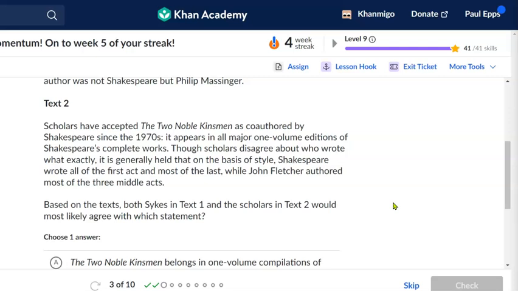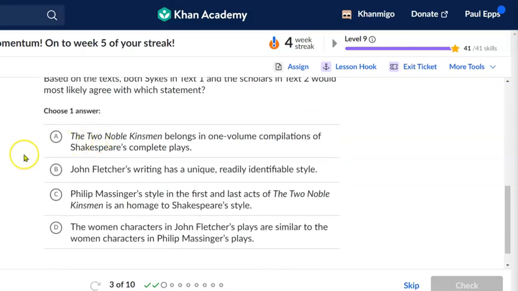Based on the texts, both Sykes in text 1 and the scholars in text 2 would most likely agree with which statement? Well, it seems like they agree about Fletcher. A, Two Noble Kinsmen belongs in one-volume compilations of Shakespeare's complete plays. No, the guy in text 1 wouldn't agree with that.